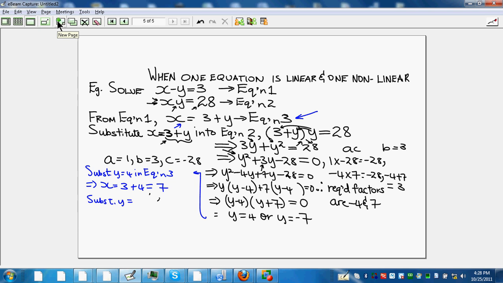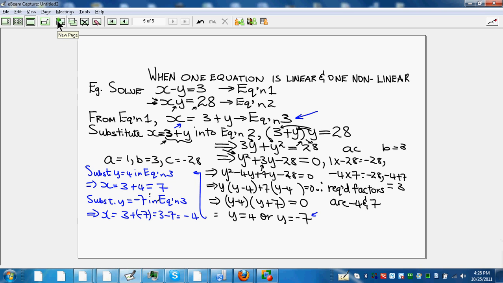The other value for y was y equal to minus 7. So I'm going to substitute y equal to minus 7 in equation 3. What does that mean? It means that x is equal to 3 plus y, which is 3 plus minus 7, which is the same thing as 3 minus 7, which is equal to minus 4.